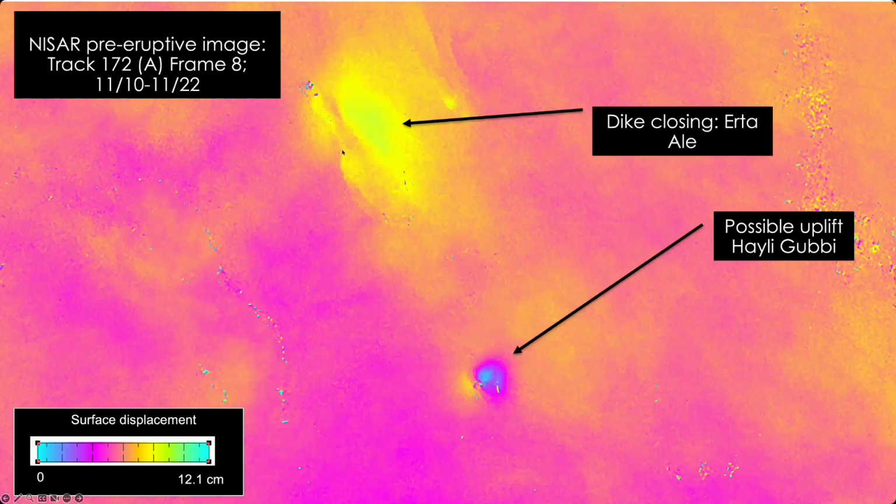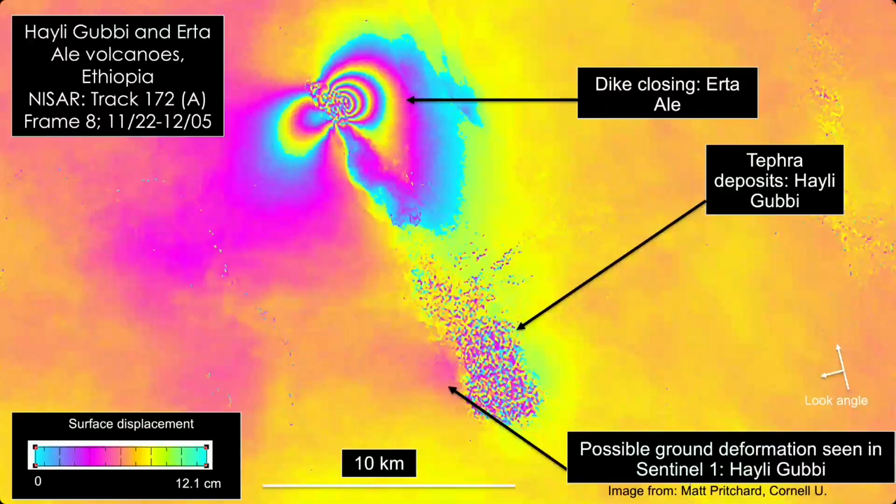And there was some indication that this dike underneath the Erta Ale volcano had started to close or contract. So a little bit before the eruption, there was this precursor, but nobody had seen this because they hadn't thought to look at it. And then the next interferogram is the interferogram that includes the eruption.